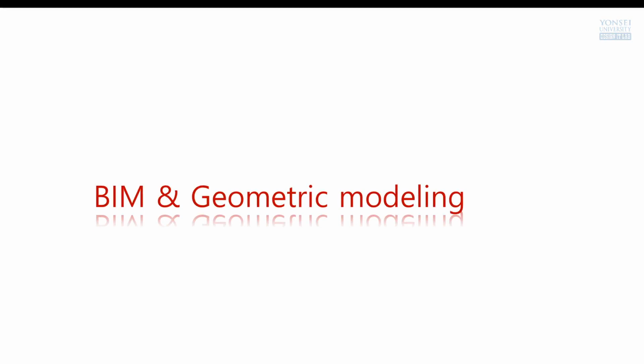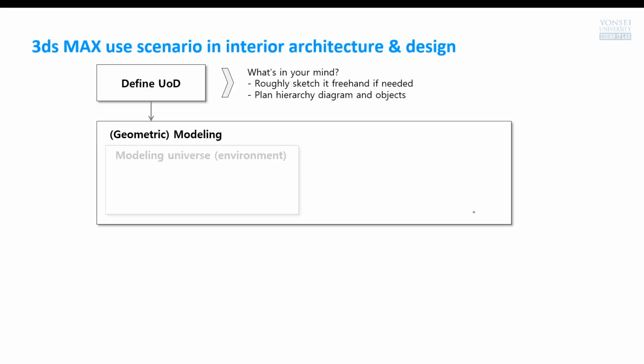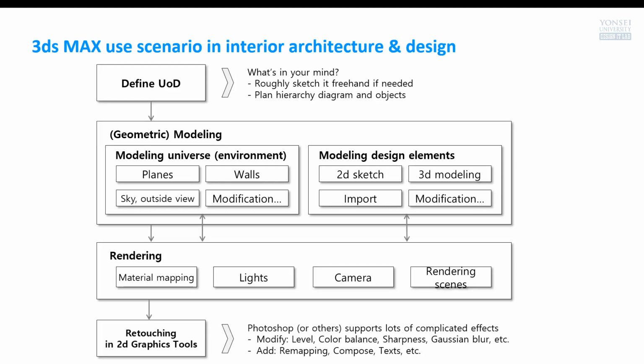Okay, let's move to the geometric modeling thing. Actually, last time I showed you this process. This is the 3D Max usage scenario for interior architecture and design projects. Defining UOD means universe of discourse. Do you remember that?